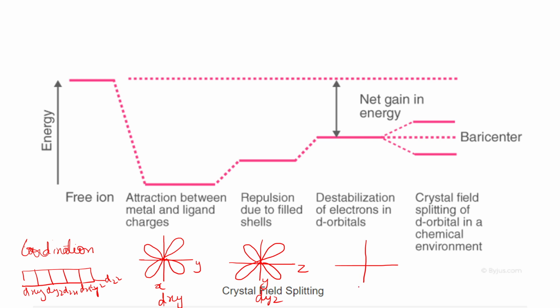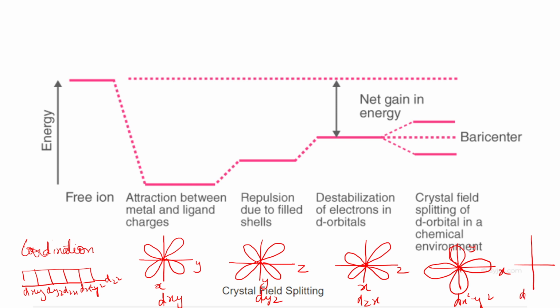The orbital dxz is in between those axes. This is dzx or dxz. Coming to the other two orbitals, that is dx square minus y square, these lie on the x and y axes. And the last one is dz square. This one is dz square.